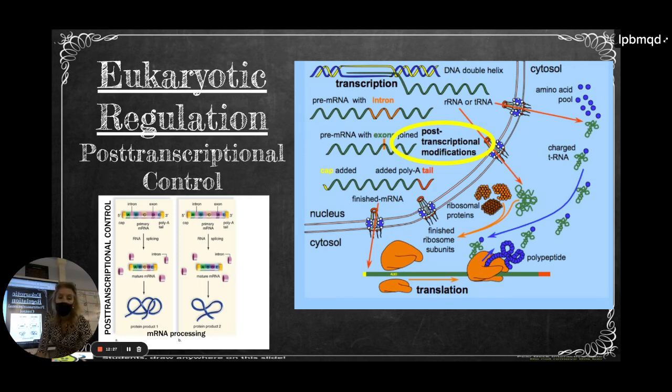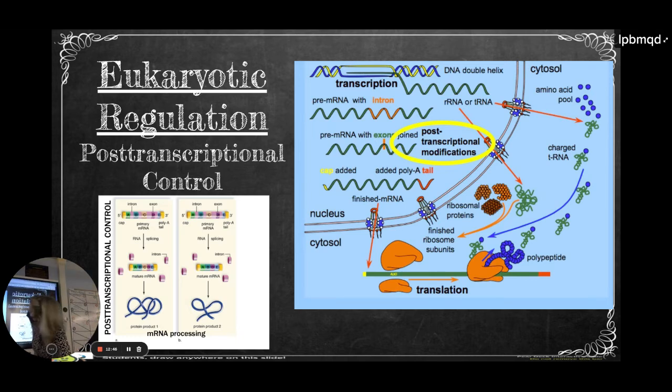Okay, and then right here, you can see exon recombination. Do you remember when we talked about cutting out the different introns and leaving the exons, because the exons are the ones that get expressed, right? So just keep remembering exons are expressed.